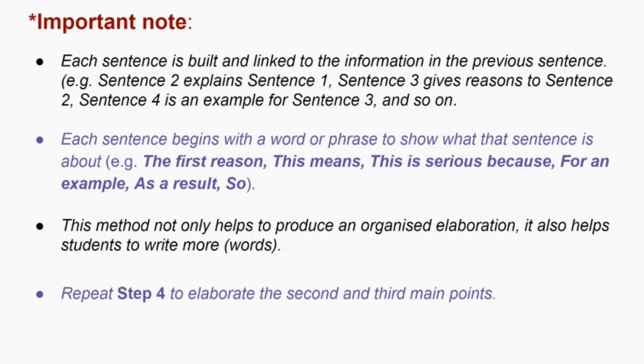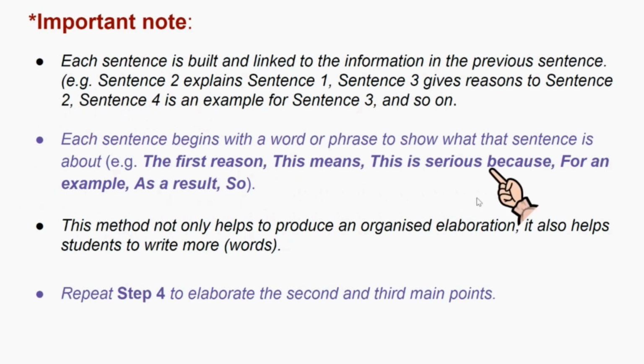Important note: each sentence is built and linked to the information in the previous sentence. For example, sentence 2 explains sentence 1. Sentence 3 gives reasons to sentence 2. Sentence 4 is an example for sentence 3, and so on.